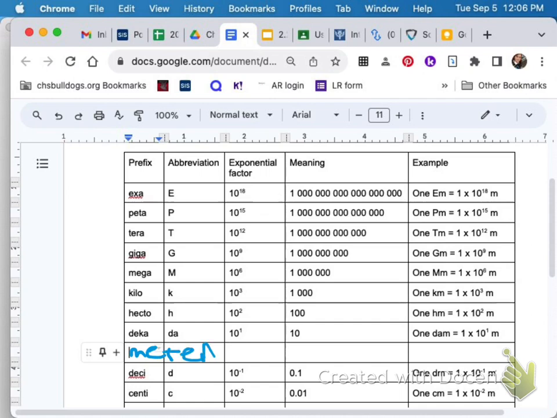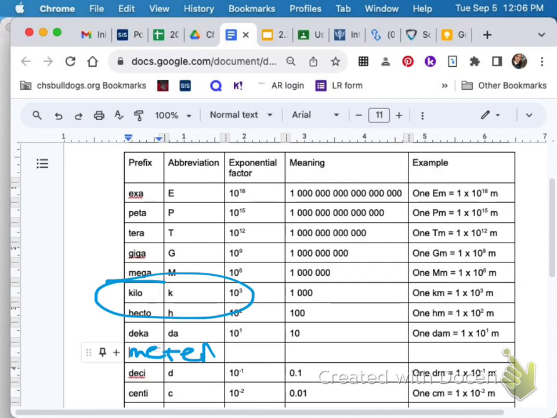So if we wanted to express this in a number that's going to be less, we might express it in kilometers, or you might have heard people refer to that as kilometers. So by sticking that prefix, kilo, on the front of the word meter, then we are changing our number. So let's say you had 1,000 meters, you would only have 1 kilometer.